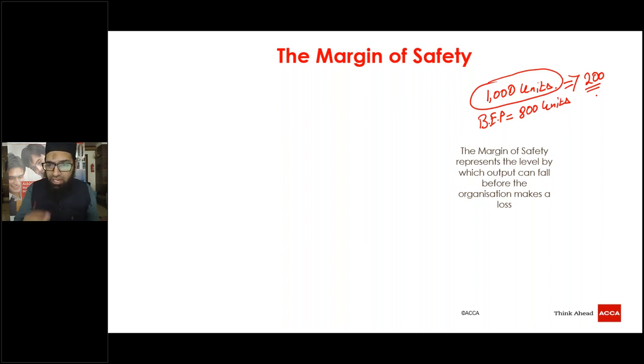But at 800 units, that is reducing by 200, I will have a profit equal to 0. And if I further drop my units, I will be having a loss. So the difference between the budgeted units and the break-even point will be my margin of safety.